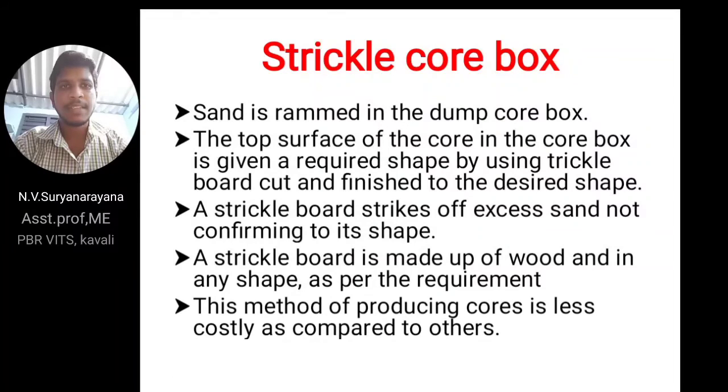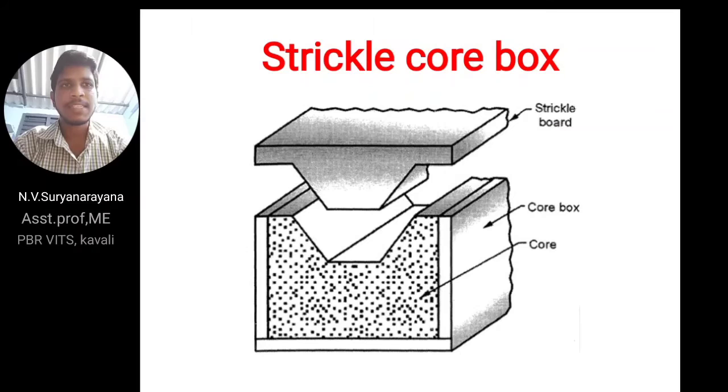In this figure, this method of producing a core is less costly compared to others. This one is the trickle core box. Compared to the other ones, this is a very economical core box.